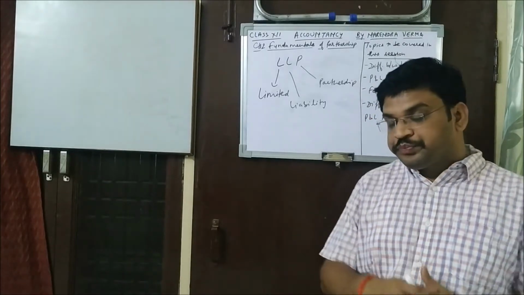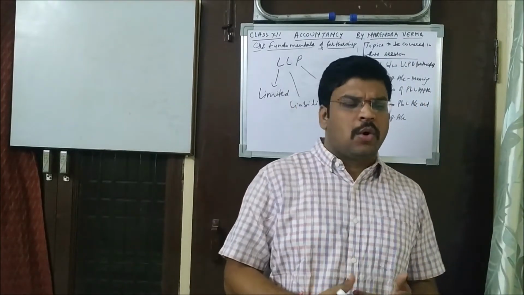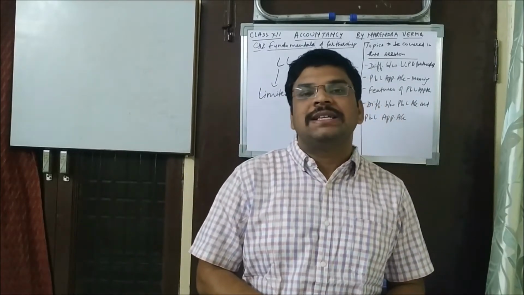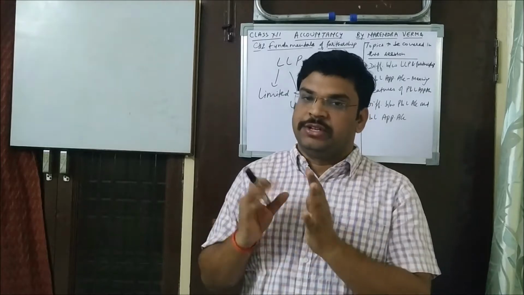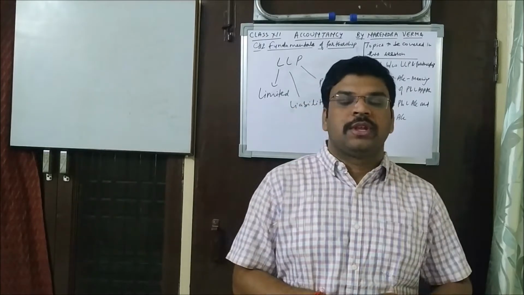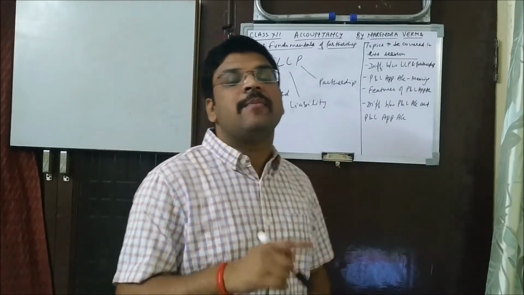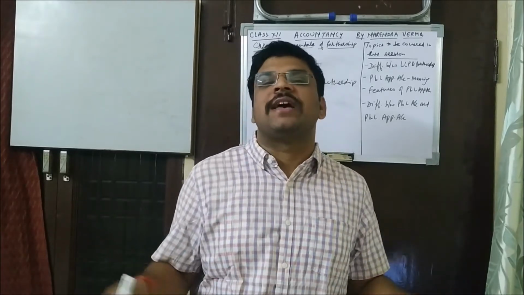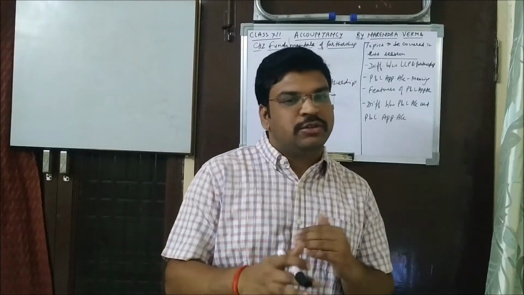Now let's have some more points about it. We learned in the case of a company that a company has a separate legal entity. So LLP also has a separate legal entity, but our general partnership does not have a separate legal entity. Understood the point?